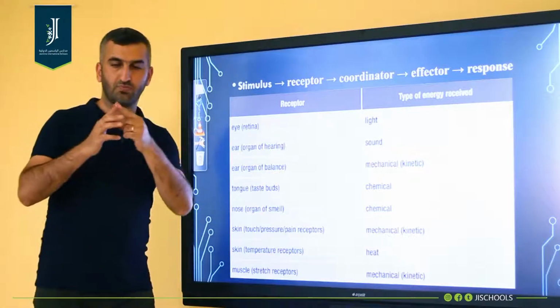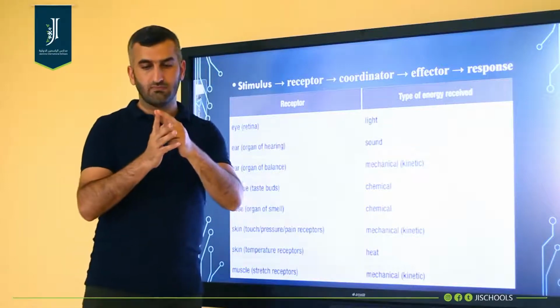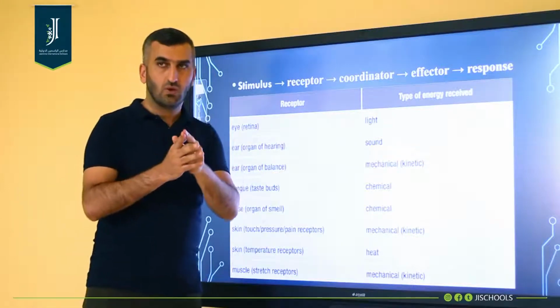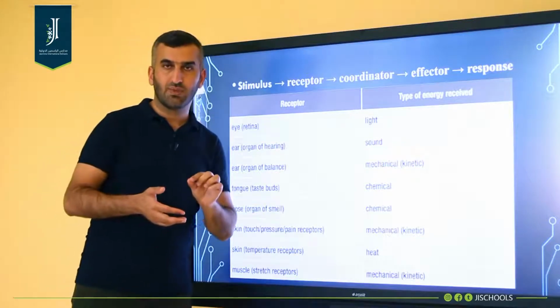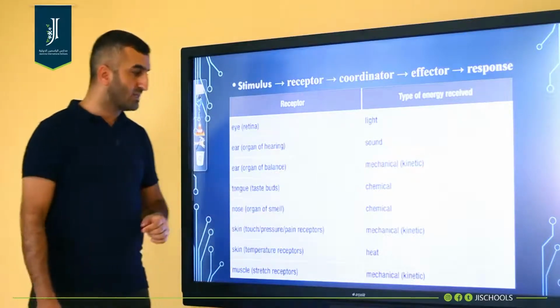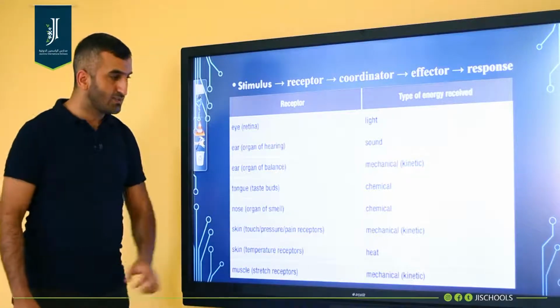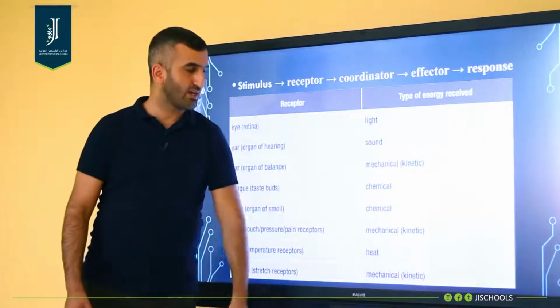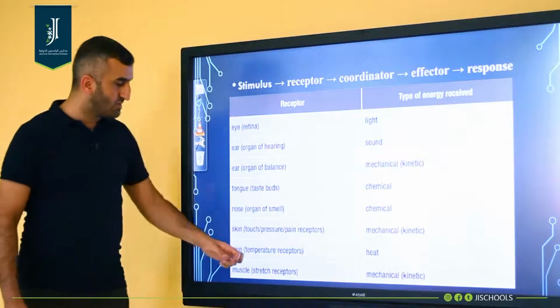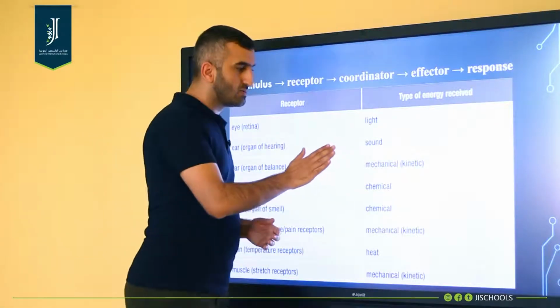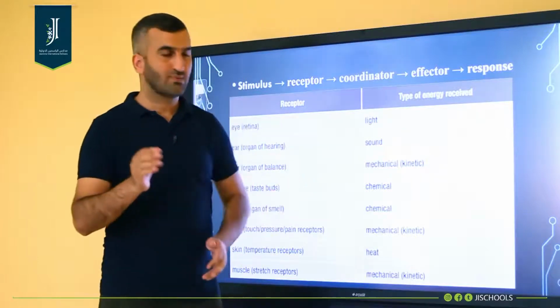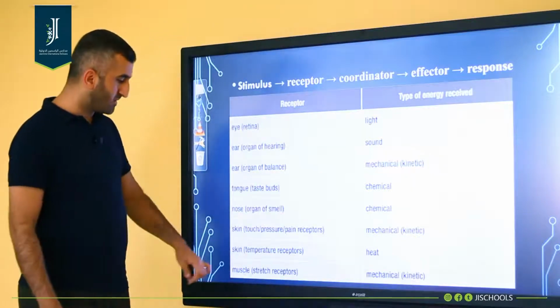Pressure, how much pressure is being applied on our skin, can also be detected. Pain receptors detect something painful, and so on. In addition to those receptors for mechanical stimuli, there are also temperature receptors that can detect whether something is hot or cold.